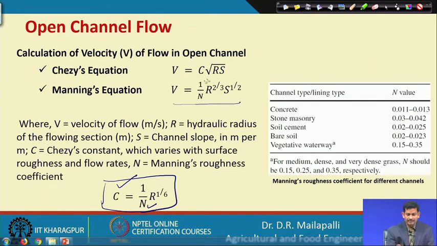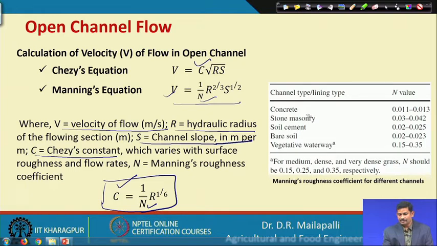In this equation, V is the velocity of flow, R is the hydraulic radius of the flow section, S is the channel slope in meter per meter, and C is Chezy's constant and n is Manning's roughness coefficient.